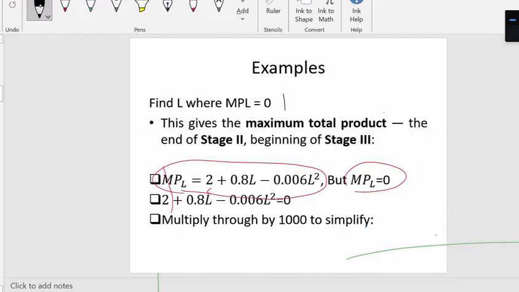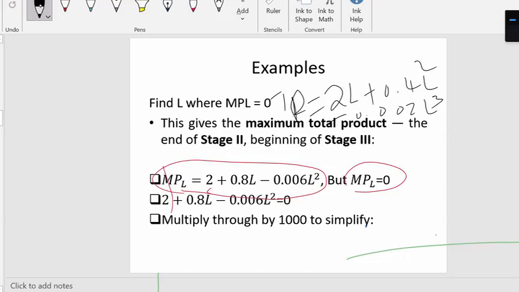You are given total product equal to 2L plus 0.4L square minus 0.002L cubic. You are given this one, the total product. Take note of that. Okay? Did you take it? Total product is 2L plus 0.04L square minus 0.02L cubic.